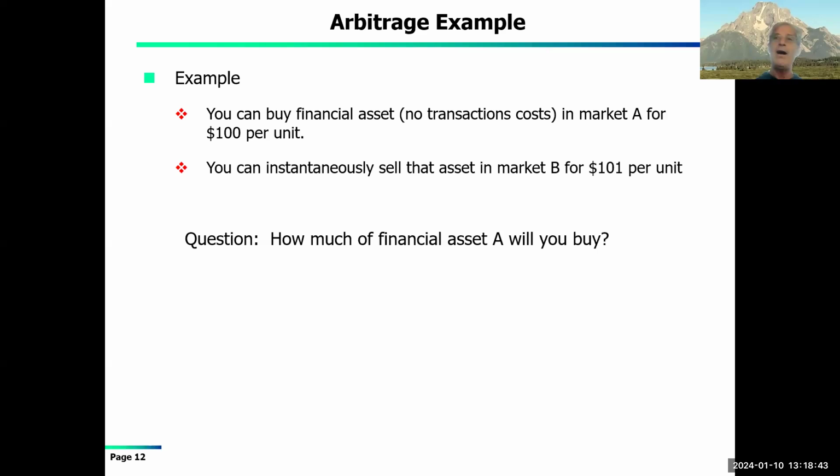Why? Well, there's no force for equilibrium and changes in prices, and you can buy something at $100 and sell it instantaneously for $101. Well, why not just keep buying it? Well, as a matter of fact, that is something that in fact happens, and that is the nature of arbitrage.